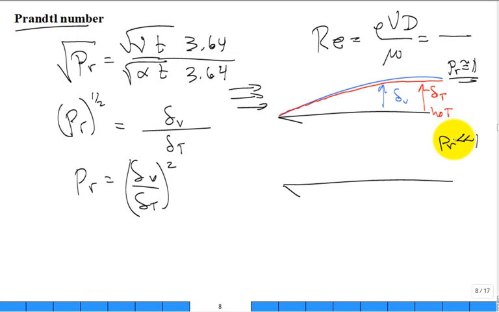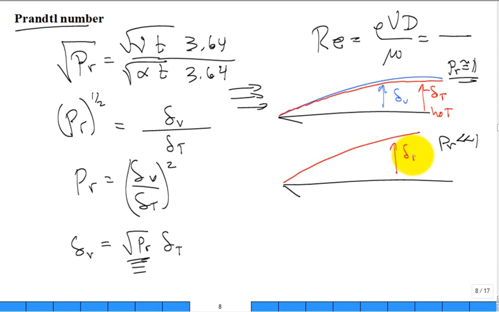And then plot the velocity boundary layer as well as the thermal boundary layer. If the Prandtl number is very, very small, look at this, then isn't delta V here equal to the square root of the Prandtl number times delta T? If the Prandtl number is very, very small, wouldn't the thermal boundary layer be large compared to the velocity boundary layer?